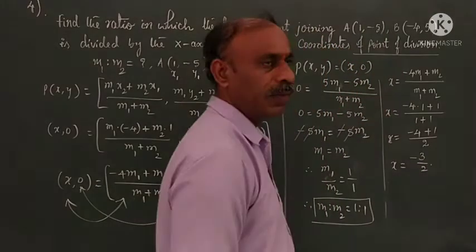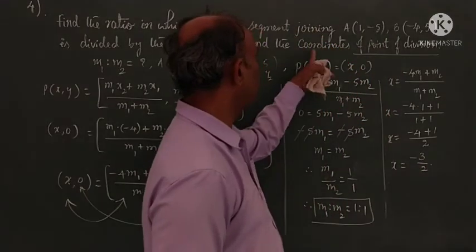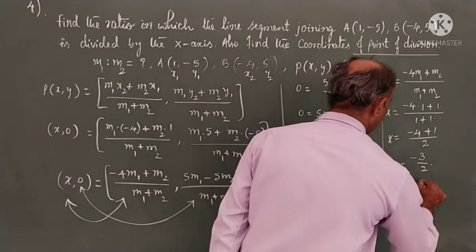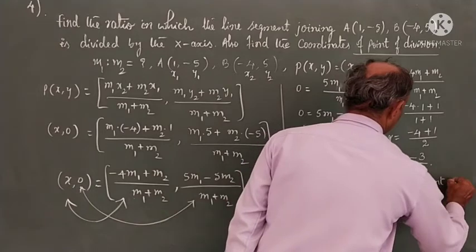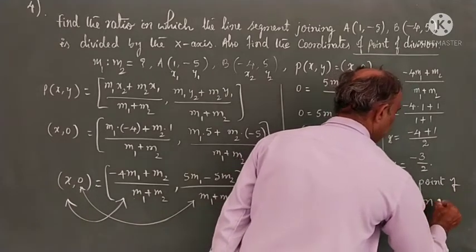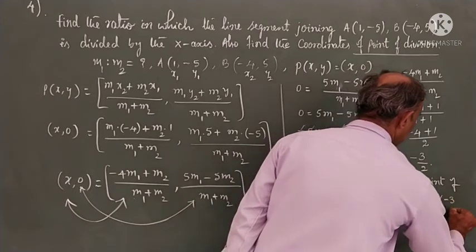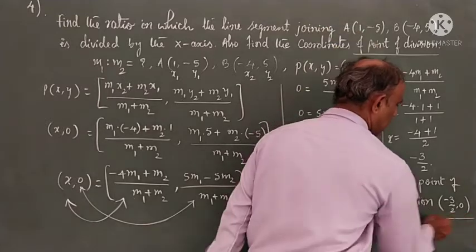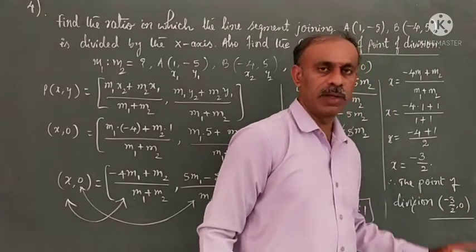What we need to find is the coordinates of the point of division. Therefore the point of division is (minus 3 by 2, 0), because on the x-axis the x value is present and the y value is not there.